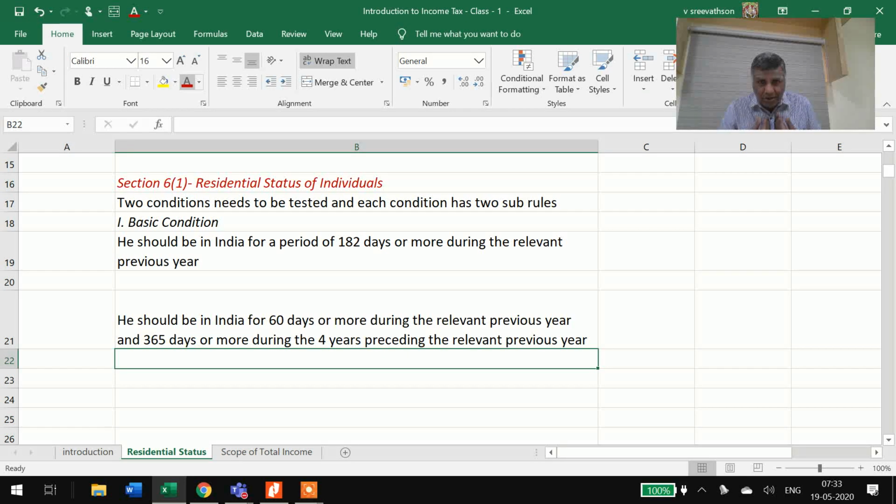Repeating. Basic condition 1 is straightforward and simple. In 1920, if he is there for 182 days or more, basic condition 1 is satisfied.